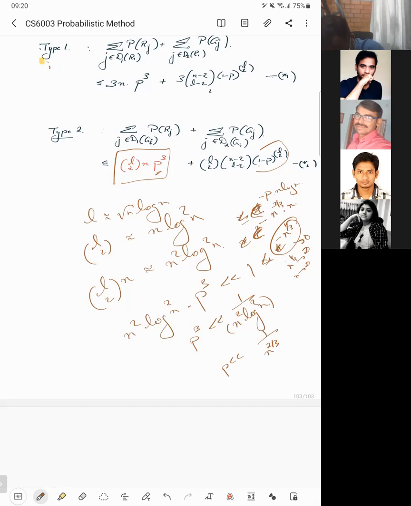N log n, correct? N squared log squared n p cube. Yeah, this 2 by 3 is correct. P is of the order of n to the power minus 2/3. This is L choose 2.